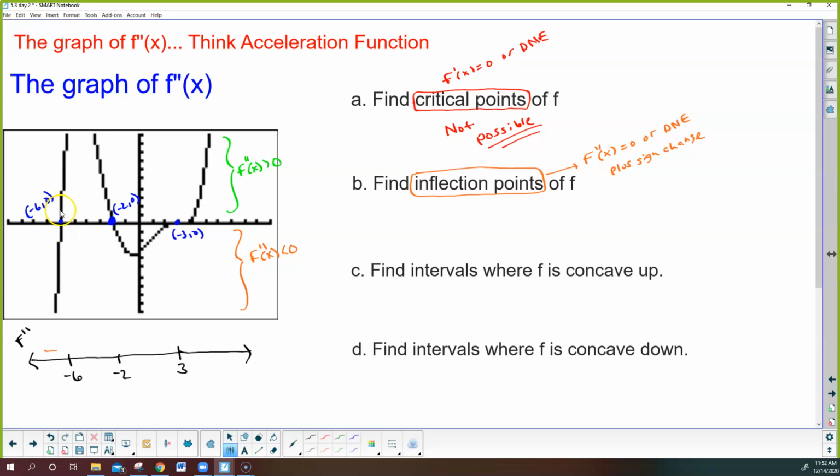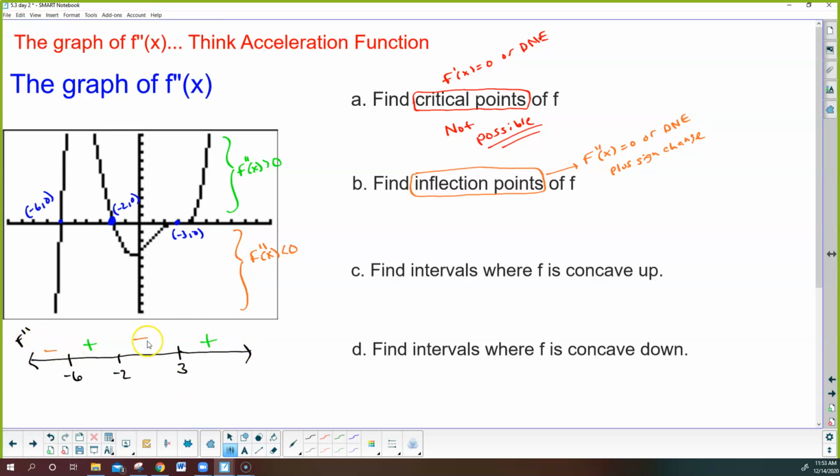To the right of -6, all the way to -2, the spots in between are above the x-axis. So that means the second derivative is positive, because again, this is the graph of the second derivative. And then the points between -2 and 3 are all below the x-axis. So that's negative. And then any spot past 3 has a positive second derivative.